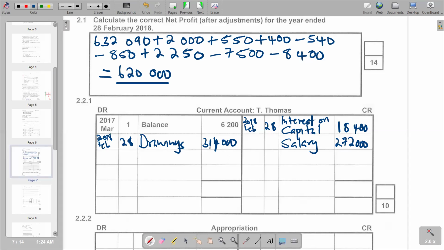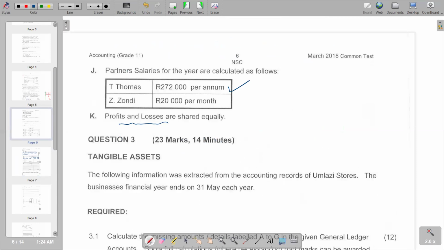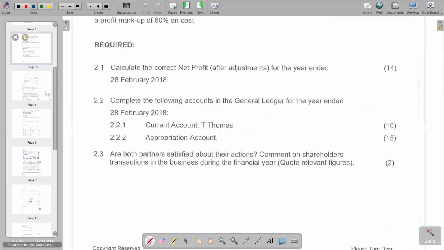But remember, we also have the appropriation amount, which is coming from the share of profits. We get this amount in the appropriation account. According to our question, we have the appropriation account in the second part. So we are supposed to prepare the appropriation first so that we get the amount and put it in the current account, so we can balance it.